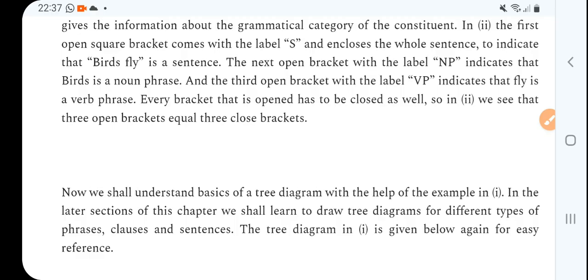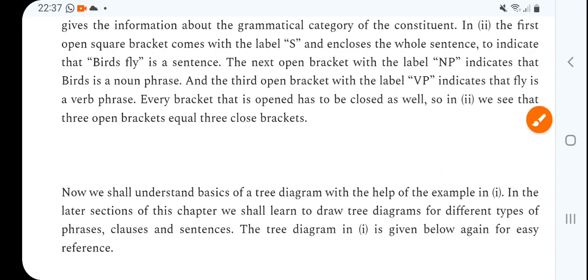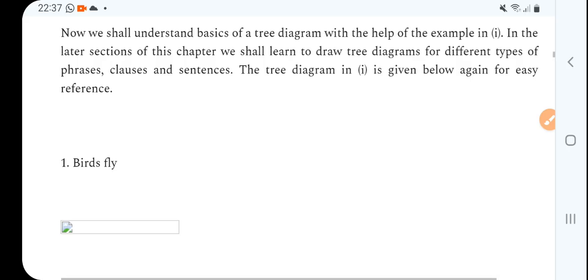Every bracket that is open has to be closed as well. In the second we see that three open brackets equal three closed brackets. These are called open brackets and these are called closed brackets, right? Now we shall understand the basics of the tree diagram with the help of example 1.